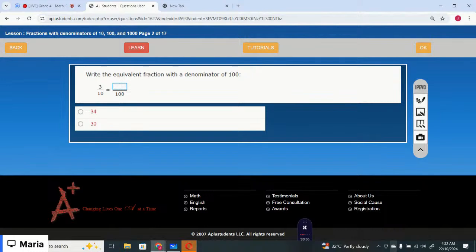Write the equivalent fraction with a denominator of 100. So what is the denominator for the fraction that has the 100 as denominator?